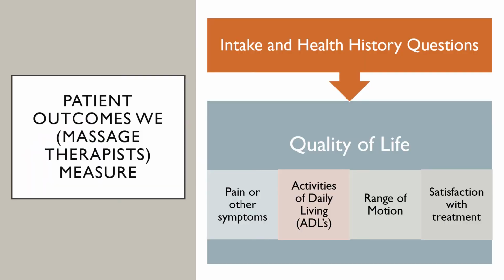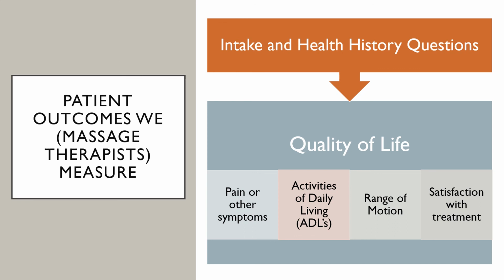And getting down to the end here, some patient outcomes that we measure as massage therapists. Those are pain, activities of daily living, range of motion, satisfaction with treatment. Those are the things that really make a difference. Again, that's that baseline stuff.